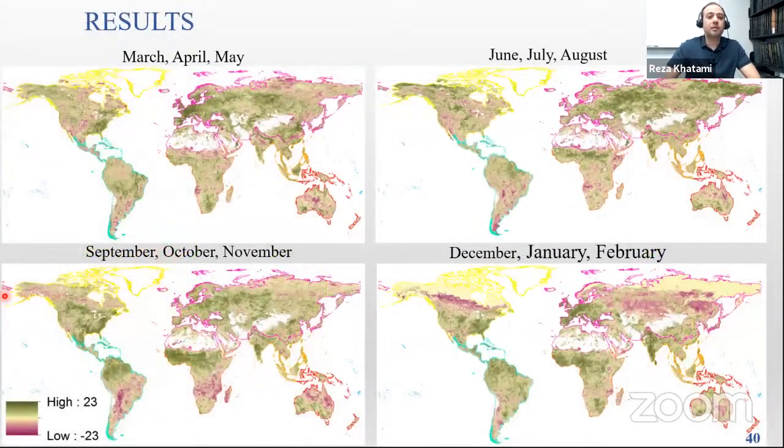So here are the persistent values for the 4 seasons. As you can see, positive persistence dominates most areas, especially for the Northern Hemisphere for most of the seasons.